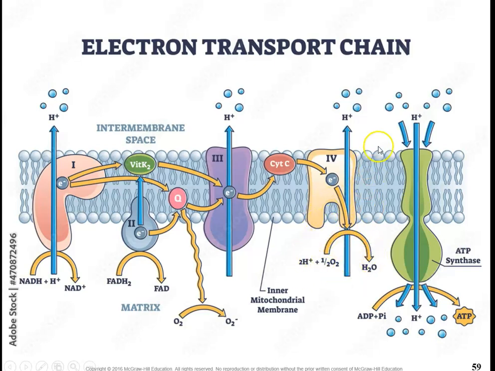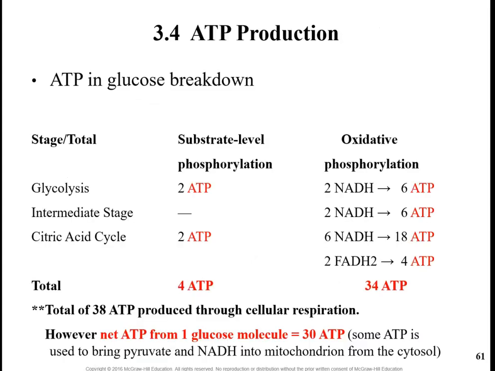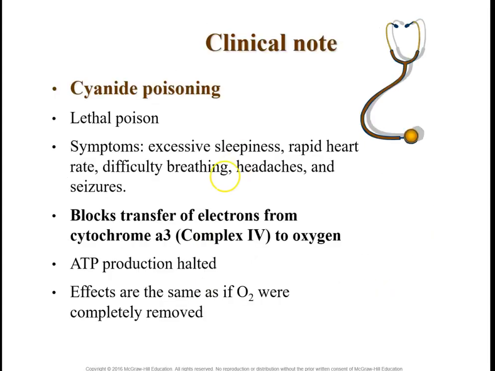And if cyanide blocks this step, this step's not going to move forward, and this step's not going to move forward, and this step's not going to move forward. It basically shuts down your entire electron transport chain almost instantaneously. So the effects are the same as if oxygen were completely removed.